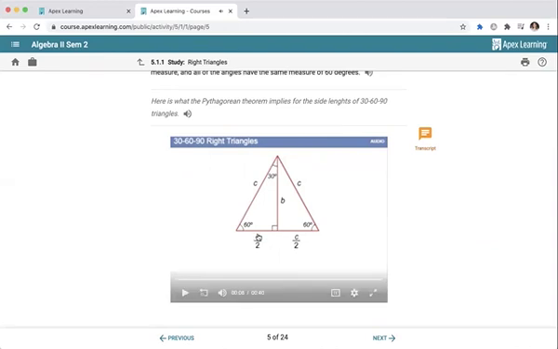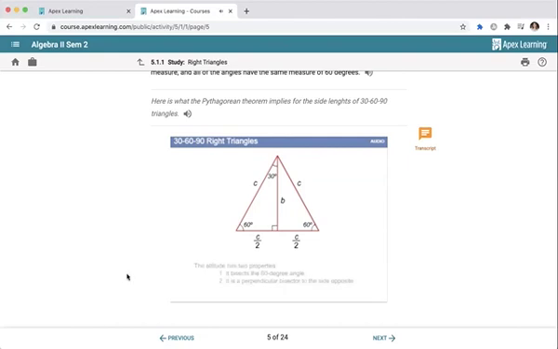Notice here, C over 2. This length that used to be our value for C now got cut in half, so it is now C over 2. This calculation shows that the short leg of a 30, 60, 90 triangle is 1/2 times the hypotenuse.